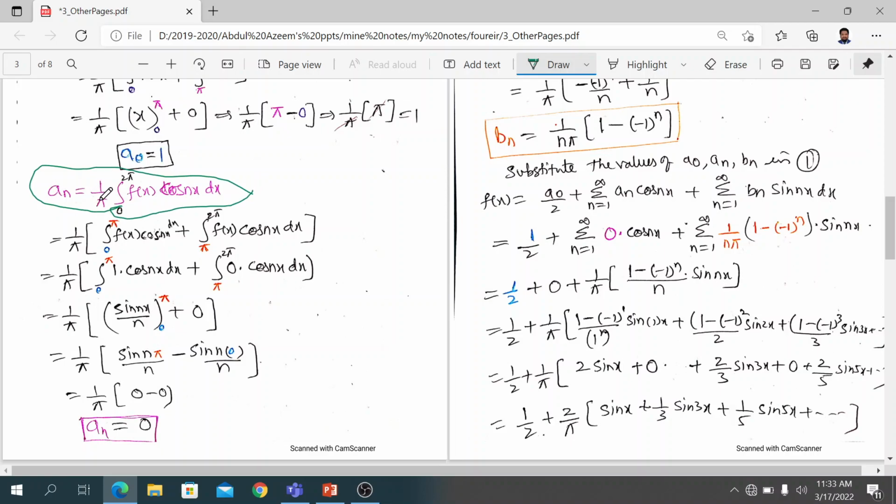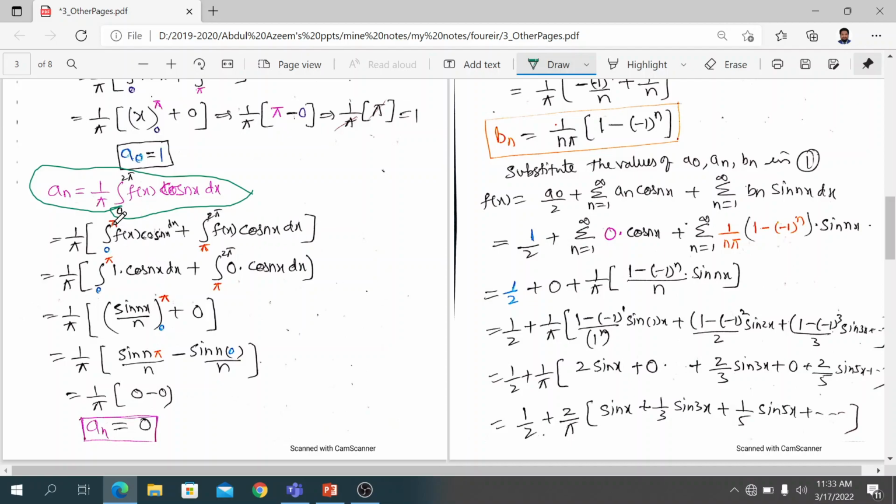A n is equal to 1 by pi integration 0 to 2 pi f of x cos nx dx. 1 by pi as it is. Now this 0 to 2 pi complete I will write as 0 to pi f of x cos nx dx plus pi to 2 pi f of x cos nx dx.